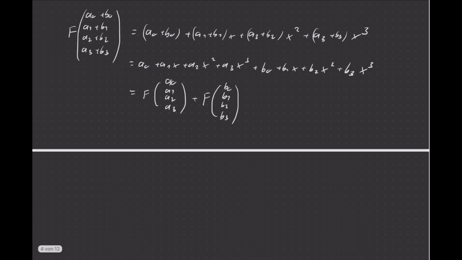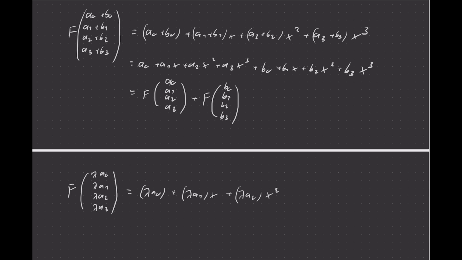And of course, the same idea works if you look at f of lambda a. Now that's the same thing as f of (lambda a0, lambda a1, lambda a2, lambda a3). That is lambda a0 plus lambda a1x plus lambda a2x squared plus lambda a3x to the third.